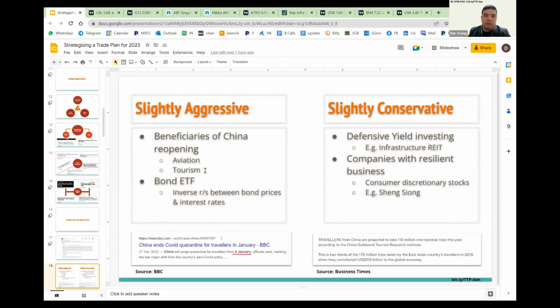Of course, in my opinion, there's also one very big beneficiary of this China reopening, and that is Genting Singapore. Before the pandemic struck, Chinese high rollers, the people who visit the casino, made up about 50% of Genting's casino business in Singapore.